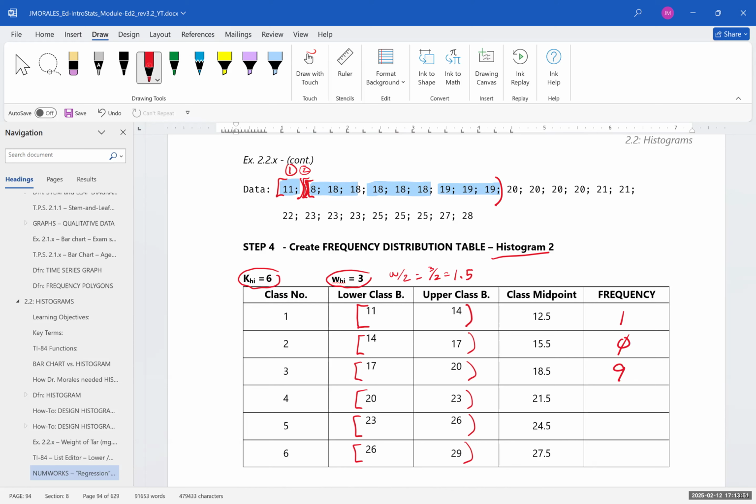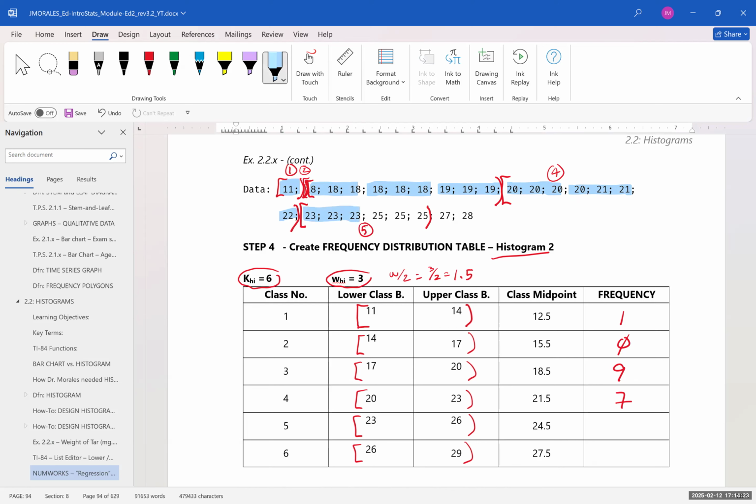And then including 20 but excluding 23, this is class 4 now. We've got 1, 2, 3, 4, 5, 6, 7. Then including 23 and excluding 26, this is class 5.